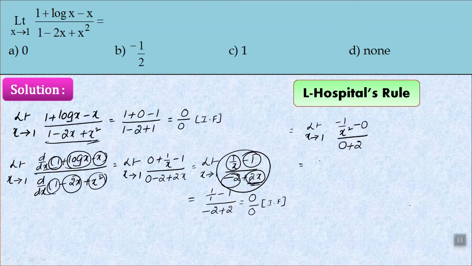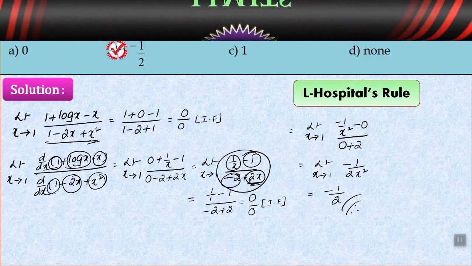This equals limit x tends to 1 of minus 1 by 2x square. Now substitute the limit: minus 1 by 2 into 1 square, that is minus 1 by 2. Therefore the answer is option B.